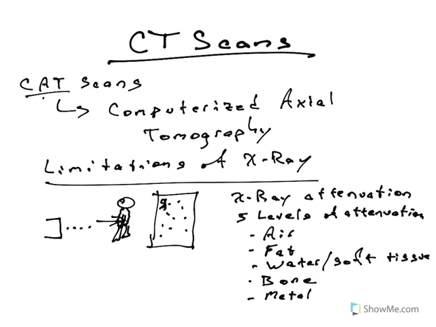But the image you get is a 2-dimensional image. And of course, we know that in the body, the organs and the different materials inside are placed in different locations. So, for instance, you'll have the heart in the chest, but there's the rib cage in front of the heart. Or you'll have the stomach, and then behind the stomach is the spinal column.